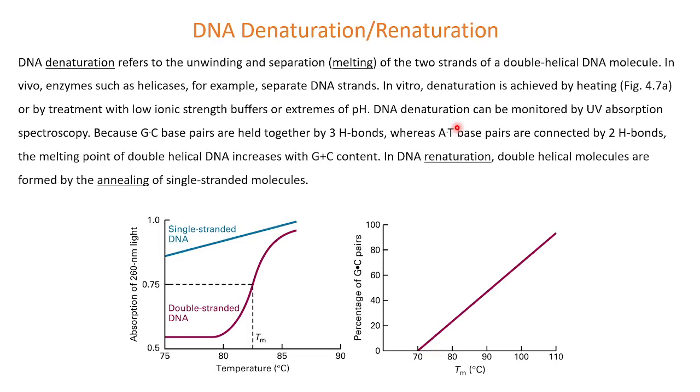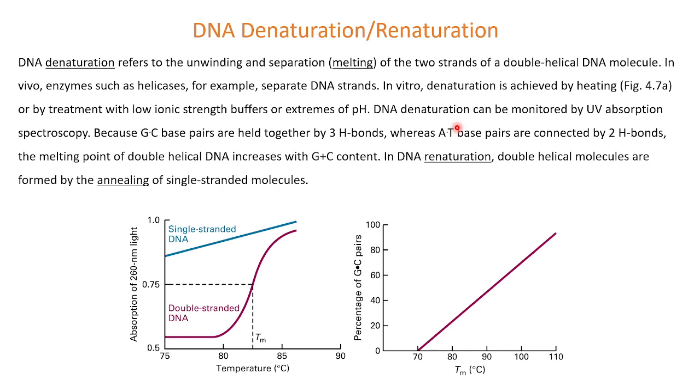Now, speaking of DNA denaturation and renaturation, DNA denaturation refers to the unwinding and separation, that is the melting, of the two strands of the double helical DNA molecule. Like you have helicases that separate the DNA strands. In vitro denaturation can be achieved by heating or treatment with low ionic strength buffers or at extreme pH.